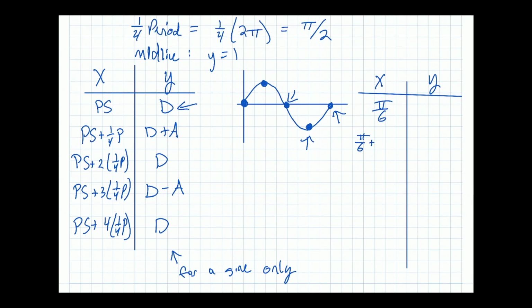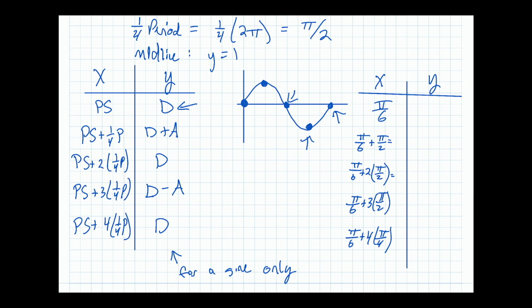Quarter period was pi over 2. Next one, I'm going to write in what that is in a minute. Next one is the phase shift plus 2 times quarter period. Next one is pi over 6 plus 3 times quarter period. And the last one is pi over 6 plus 4 times quarter period.